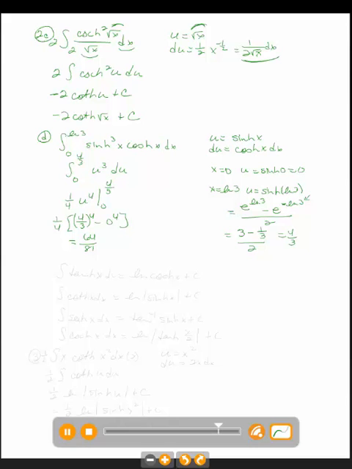Now, the integrals of the hyperbolics, the weird ones when you don't have the square in there, are listed. The integral of the hyperbolic tangent of x dx is the natural log of the hyperbolic cosine of x. The integral of the hyperbolic cotangent of x dx is the natural log of the hyperbolic sine of x plus c.